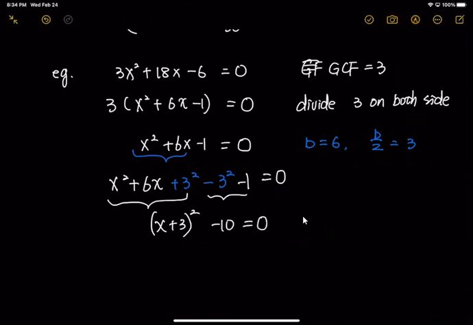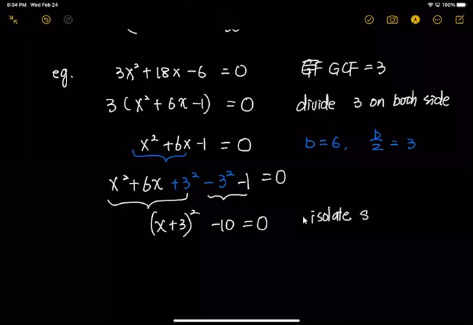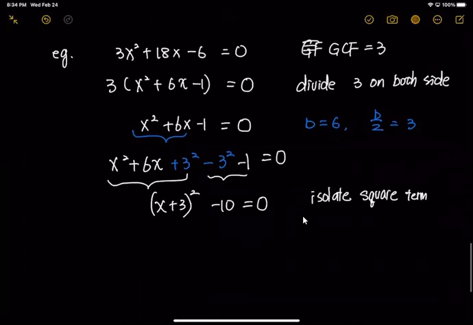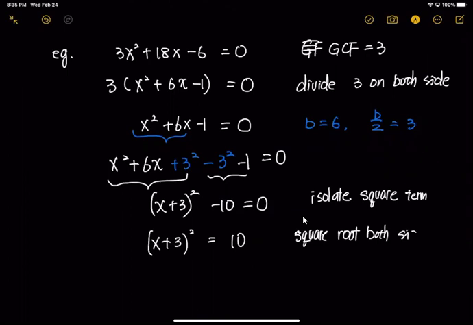How do we solve it? Well, you want to isolate the squared term, the term with the power, on one side, so you want to add 11 on both sides. So now what's next? You want to take the square root on both sides. Okay, when you take the square root, what do you need to be careful about?